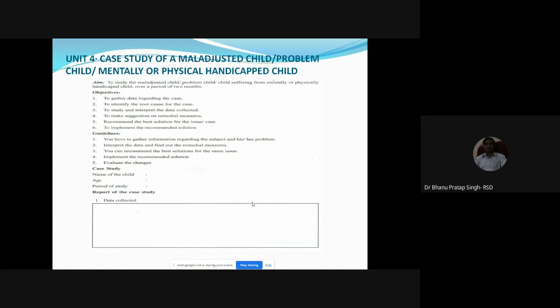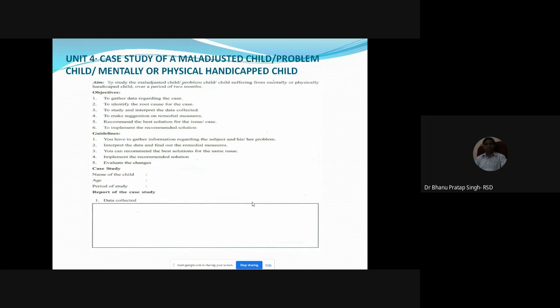Objectives are 6: to gather the data regarding the case, to identify the root cause for the case, to study and interpret the data collected, to make suggestions based on the data collected, suggestions as well as remedial measures, recommend the best solutions for the issue or case, and to implement the recommended solutions in your classroom.